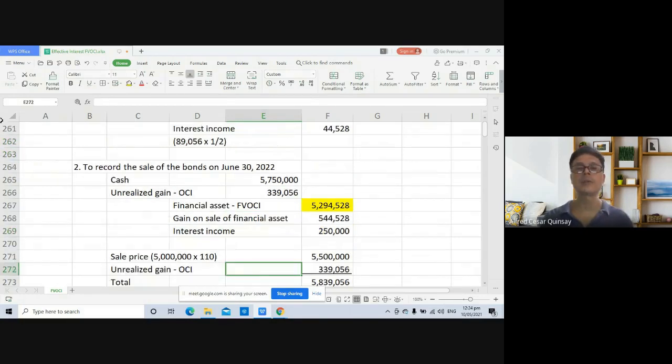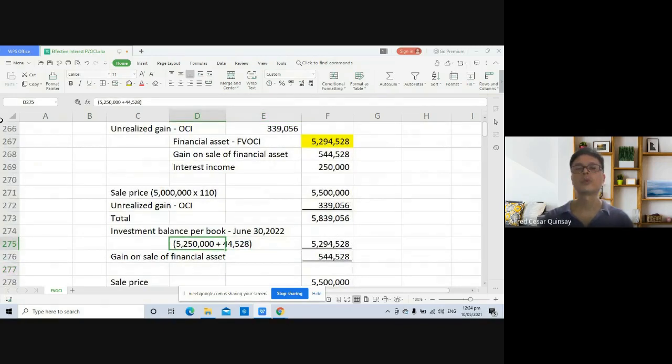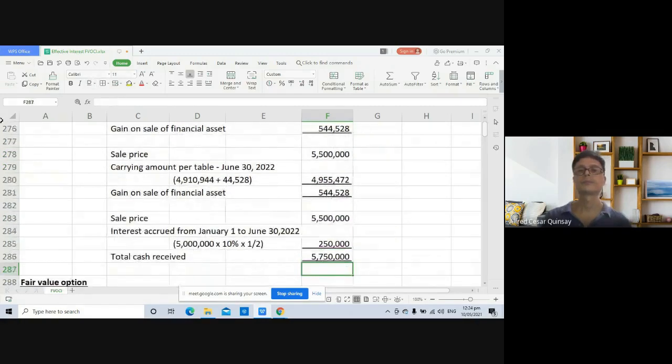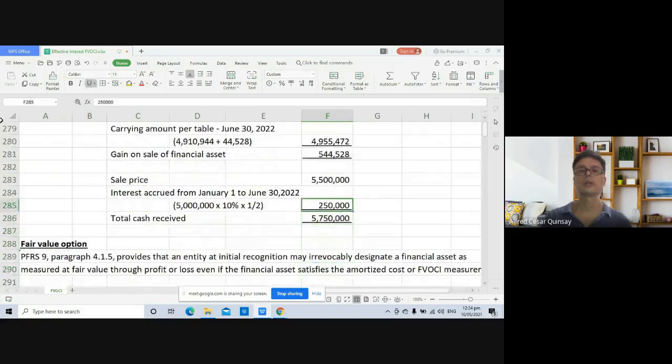Tapos inadd natin doon sa 5,250,000 yung investment balance niya per book. Kaya natin nakuha ito. Okay, so 5,250,000 plus yung 44,528. So 5,294,528. So yung balancing figure is the gain on sale on financial asset. Yan.